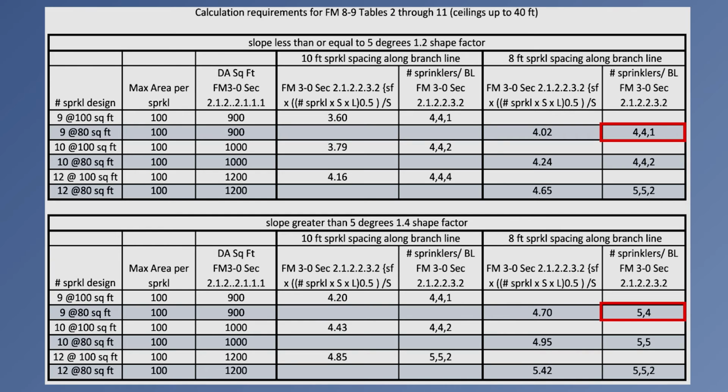But when I used the 8-foot spacing, all of a sudden, I saw a 552 as a design shape. And I said, this is impossible, it doesn't exist. And sure enough, if you use the formula in 3.0 to decide your shape factor, Shaun has picked 2 examples here where you use a 9 sprinkler design and it's a 441. That's under 5 degrees, and the shape factor is 1.2. That's correct. Significant.